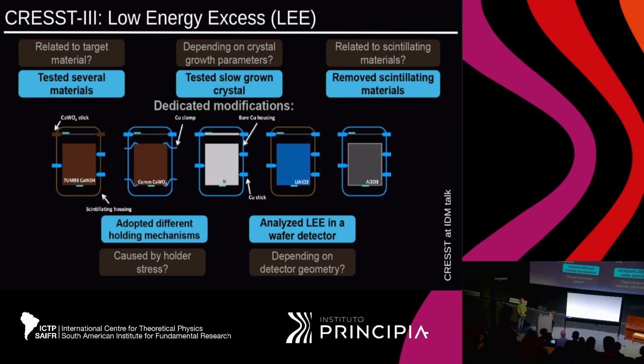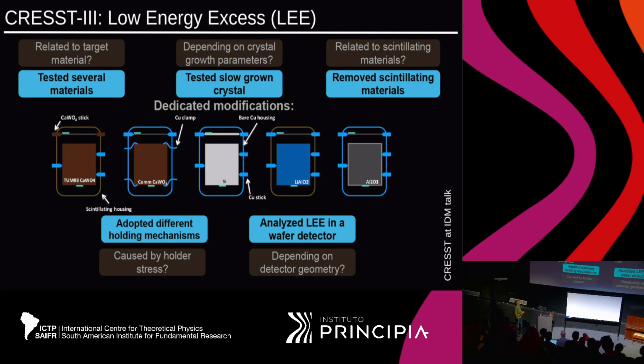This also didn't produce any difference. Then they removed the scintillating materials from the crystals. You can do that, for example, by using silicon. Silicon does not scintillate, just pure silicon. Still the same problem with the excess.